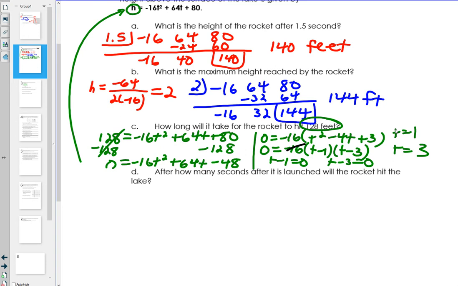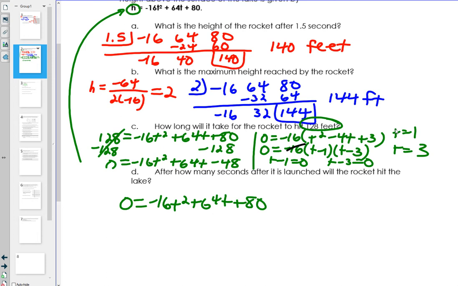Because when something hits the lake, how high is it off the ground? 0. Yeah. So you can put 0 equals negative 16 t squared plus 64 t plus 80. So you can do that and solve that, or you could take advantage of the symmetry.